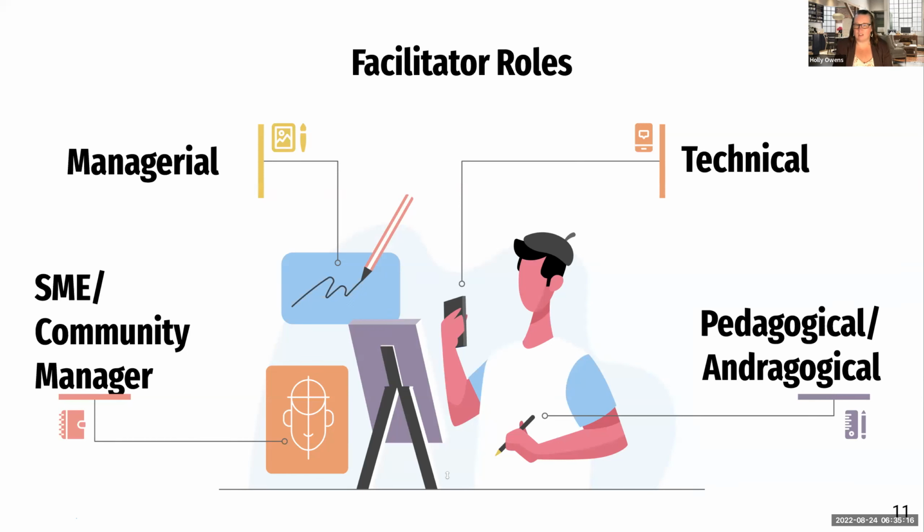If things in the LMS go awry, you might have to point them, like I said, to IT. Or if you're setting them up with a new ed tech tool, you have to provide them with support. Managerial, figuring out ways to manage all the different assignments and things that the students have to do. And also, you're the SME, the subject matter expert, and you're the community manager.